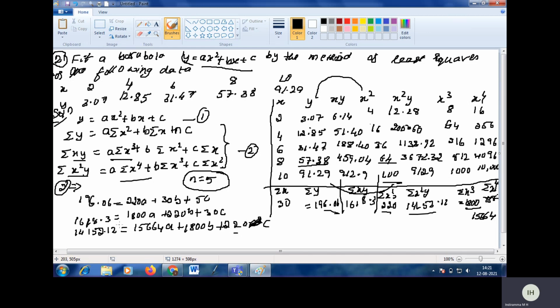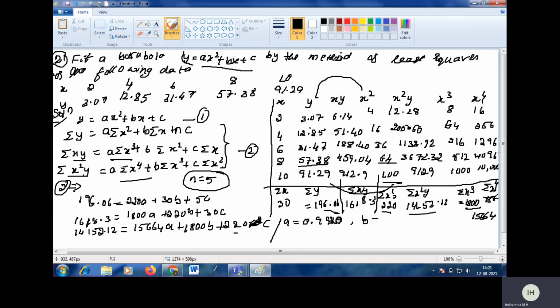Solve these three equations using your calculator. You will get the answer for a, b, c as a is equal to 0.9919, 6 we have in the sixth decimal place, add 1 to the previous, it becomes 0.9920.